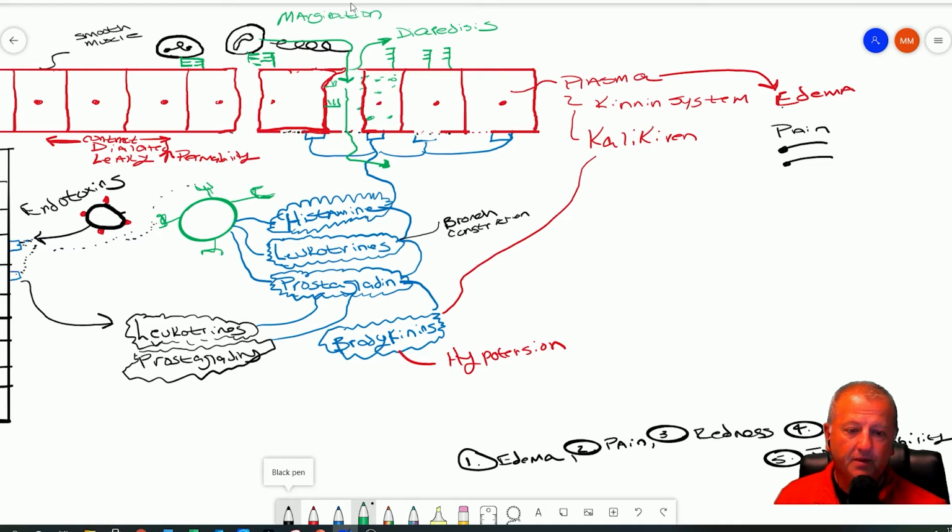So let me come over here real quick and let me draw out our pathogen. Here he is.